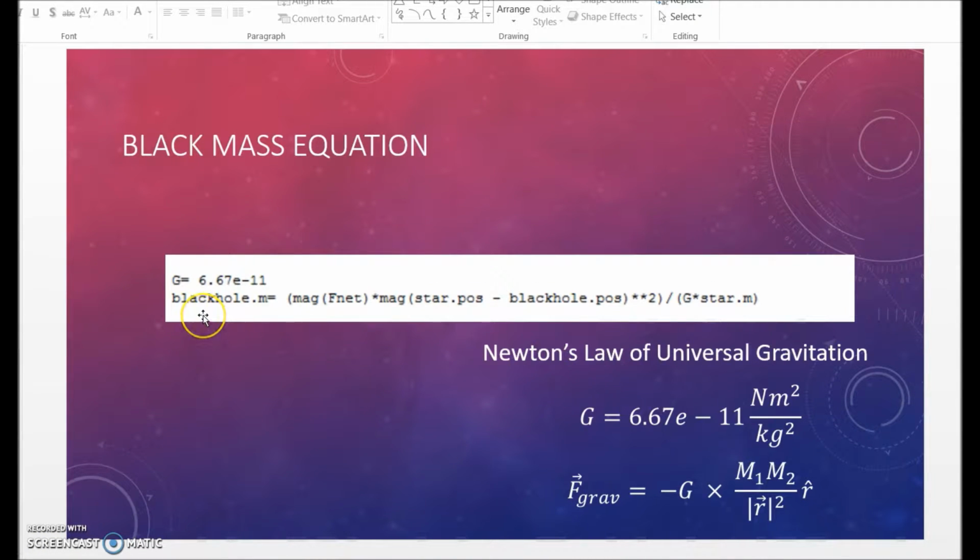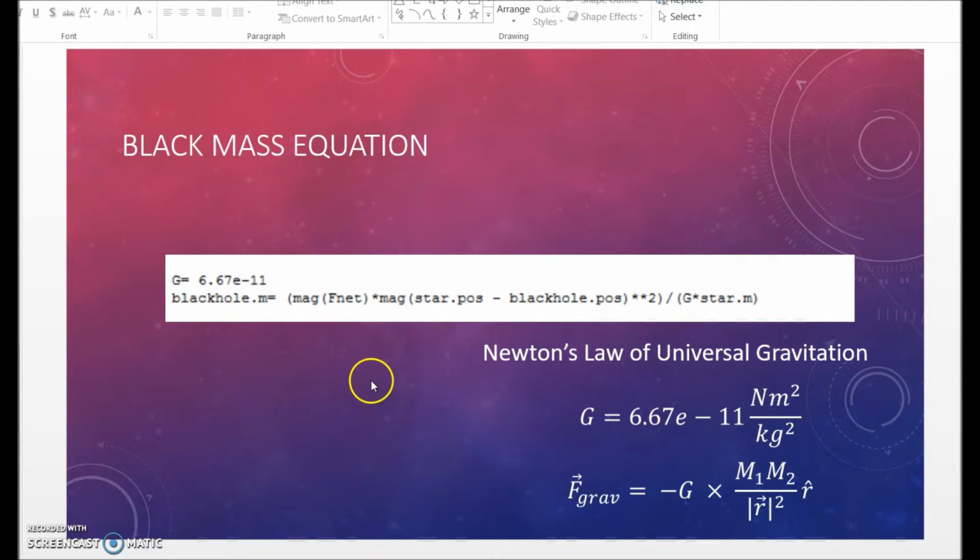To find the black hole's mass, I had to make an equation in Python, and I basically rearranged the F-grav formula. So F-grav's magnitude times the distance between the two objects squared, divided by the gravitational constant times the mass of the star.